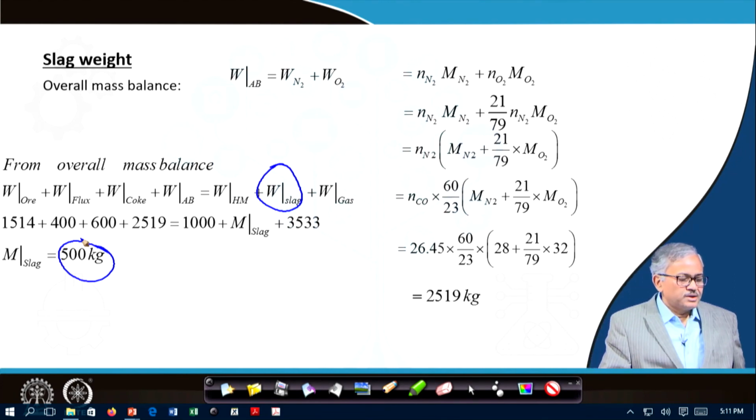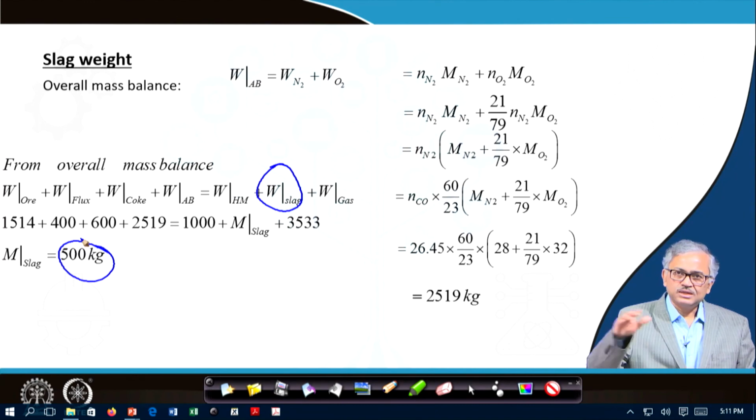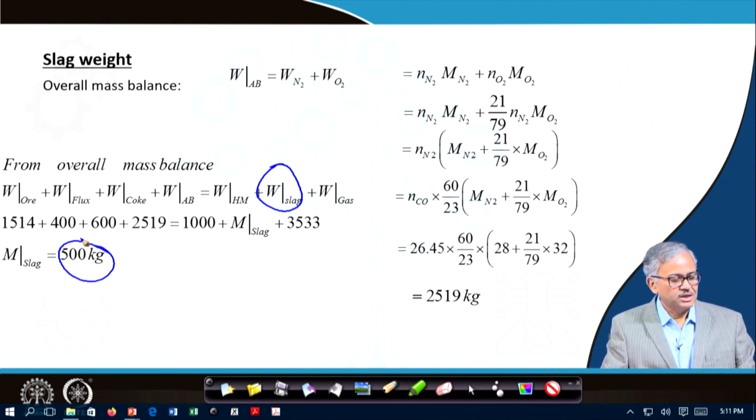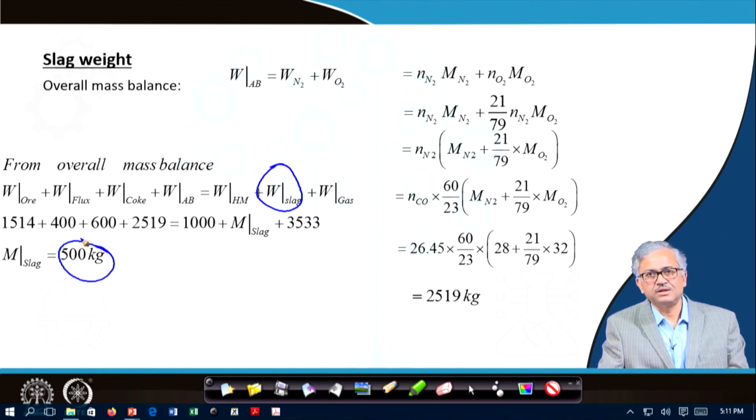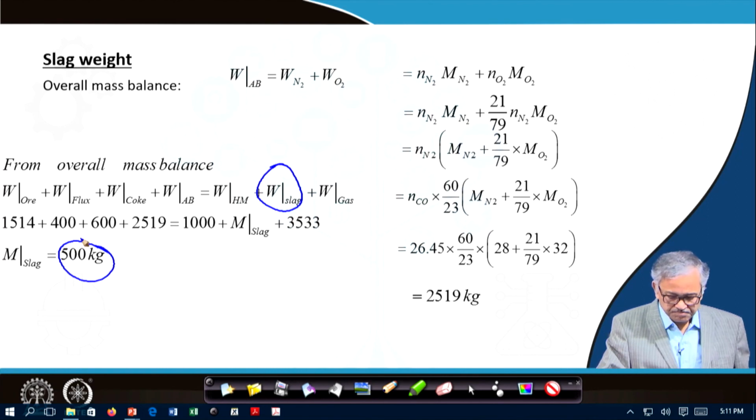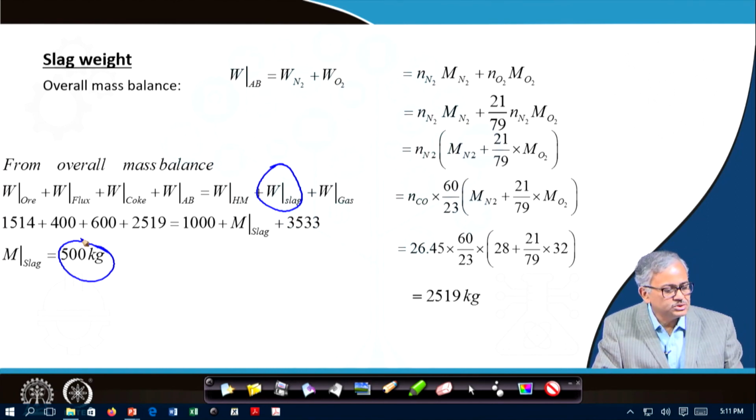You can collect the slag and weigh it, but that may not be very exact, whereas from the balance you can get a very exact value, because there is no chance of anything missing.